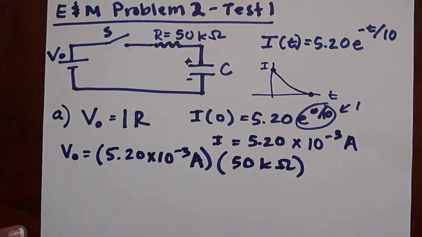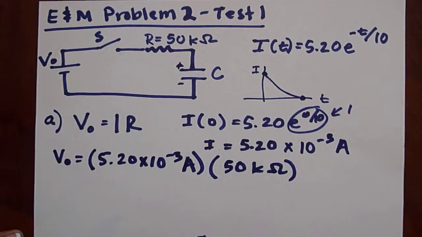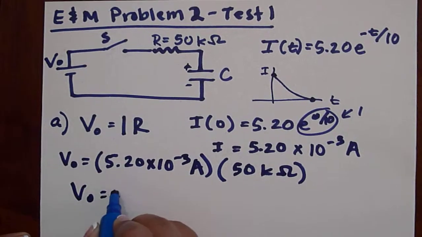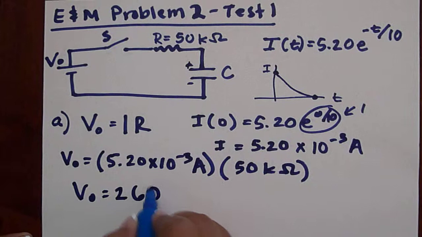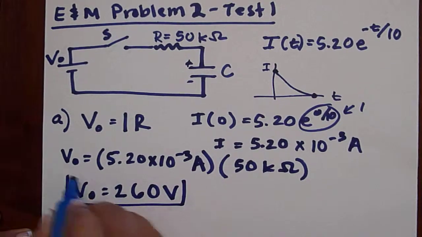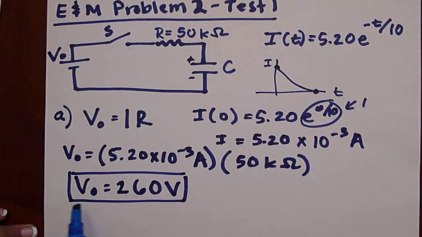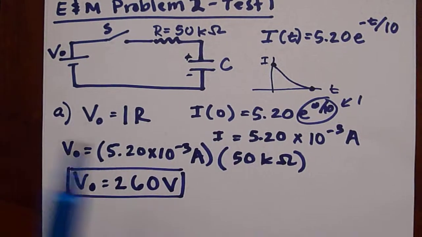Remember, it's kilo ohms now. When we evaluate this, our final answer is 260 volts. So, as predicted by the equation, when the switch is closed at t equals 0, the voltage is 260 volts.